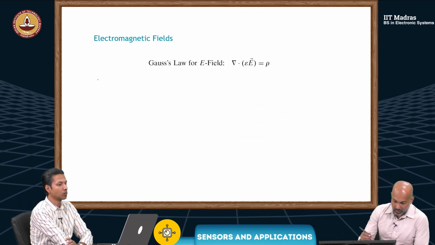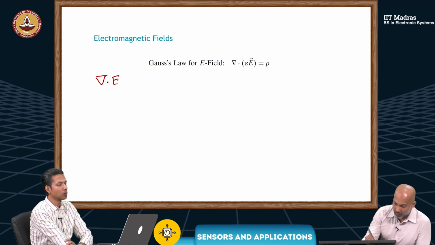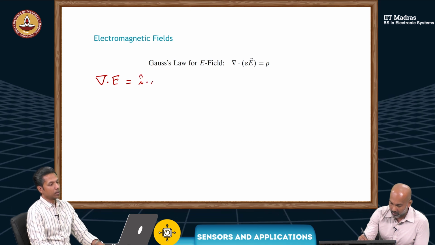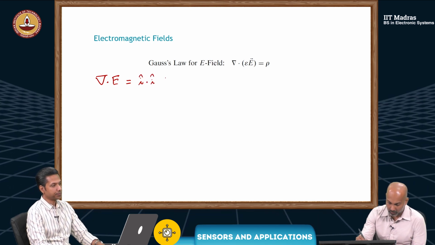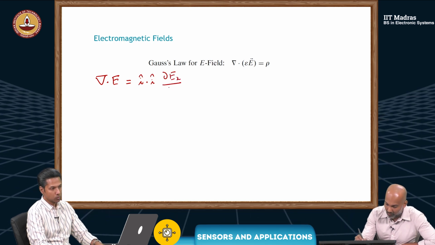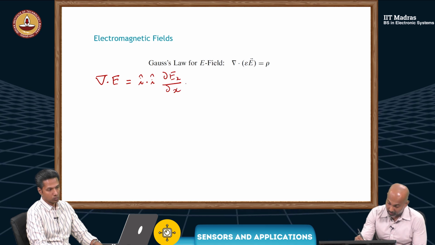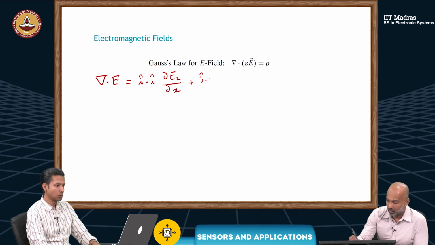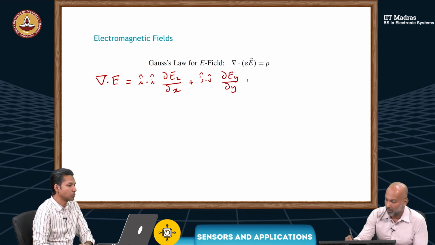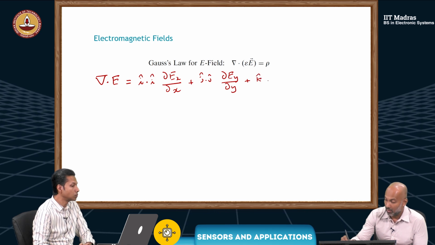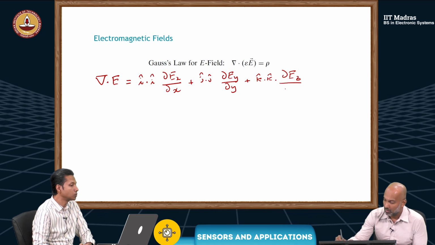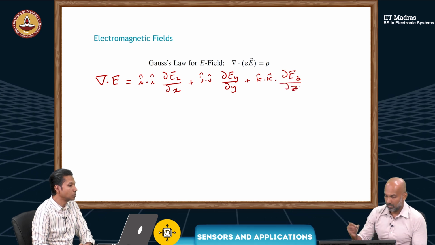So in that case, del dot E, as you already mentioned, is a unit vector times a unit vector: i del Ex over del x plus j del Ey over del y plus k del Ez over del z.